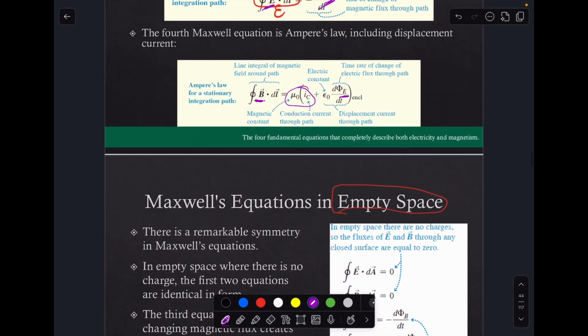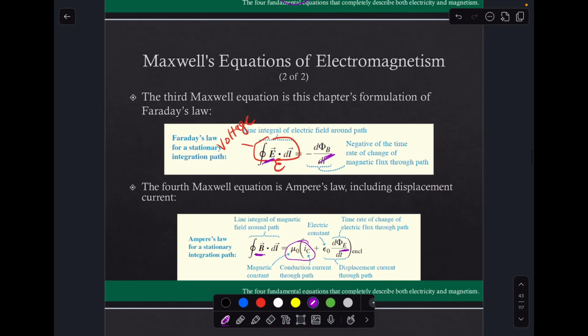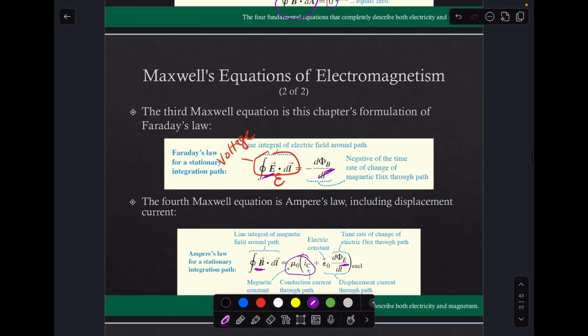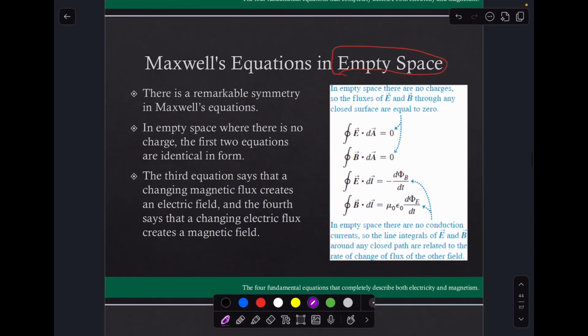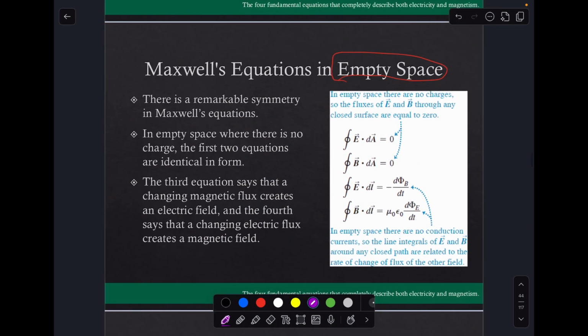So these are all general, whether you're in a material or not. But we can drop some terms off if we're in vacuum. If we're in vacuum, there are no charges present, right? So there's going to be no Q's. And if we're in vacuum, there's no currents present, right? So there's going to be no I's.